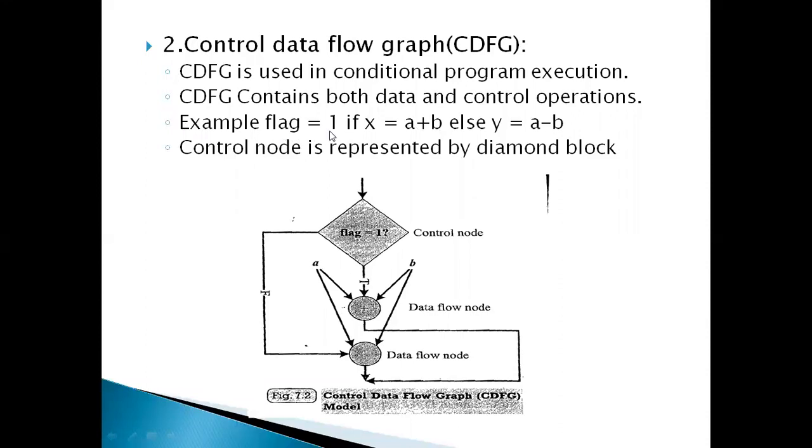In this control flow graph model, first the condition is checked, flag is equal to 1. If flag is equal to 1 is true, it adds a with b.